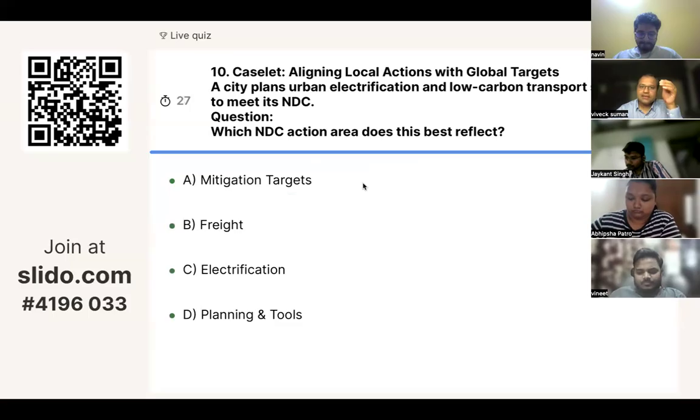Aligning local action with global targets. The city plans urban electrification and low carbon transport strategy to meet its NDC, nationally determined contribution. Which NDC action does this best reflect?